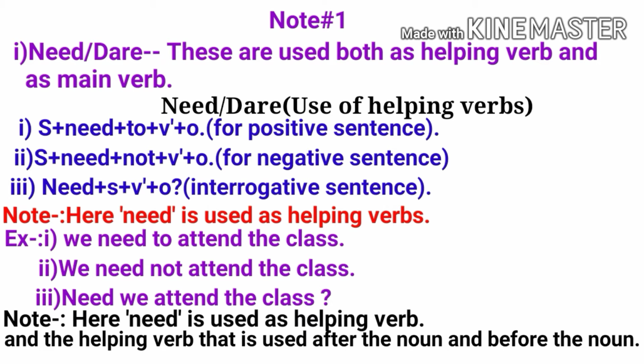The first structure is here, so you must read this one. First one is subject plus need plus to plus V1 plus object. Here to is a fixed preposition. The second one is subject plus need plus not plus V1 plus object. This one is for negative. The third one is need plus subject plus V1 plus object. This one is the interrogative sentence. Here need is used as a helping verb.